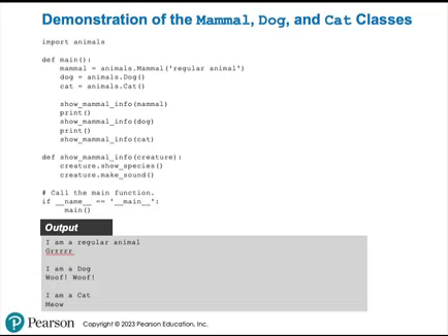The main program creates those objects, and the first one says I'm a regular animal and it growls. The second one says I'm a dog and it says woof woof, and the third says I'm a cat and it calls meow for the make sound method.